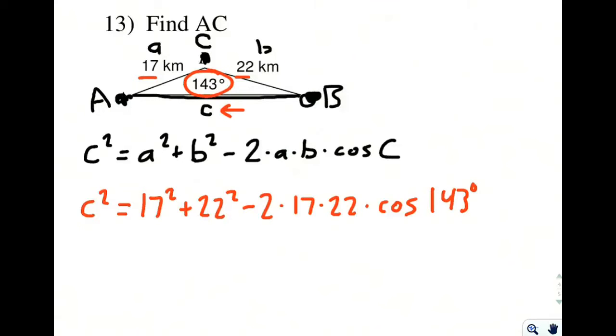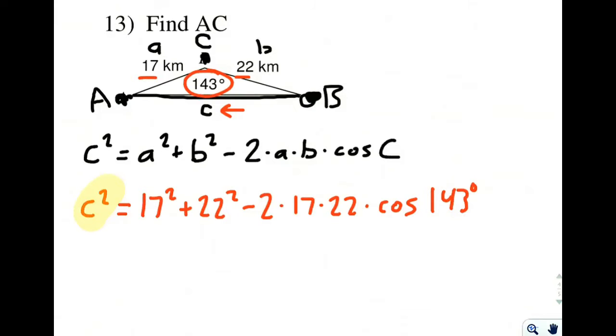Now, we need to type all of this in our calculator, get c squared alone, and then once we get that, we need to square root it to get c. I highly recommend that at this point you type the entire thing into your calculator in one continuous string. You type it all at once.